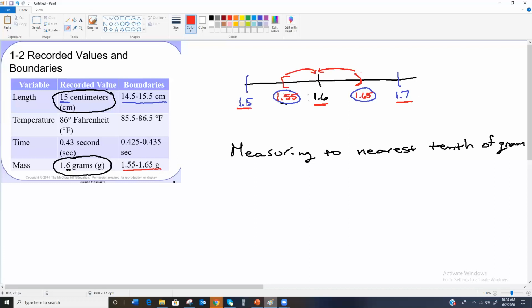If you're taking notes, I'm going to do the temperature one next. Try to draw yourself your little number line here for the next one. This one we have temperatures, and it's again recording to the nearest whole number.